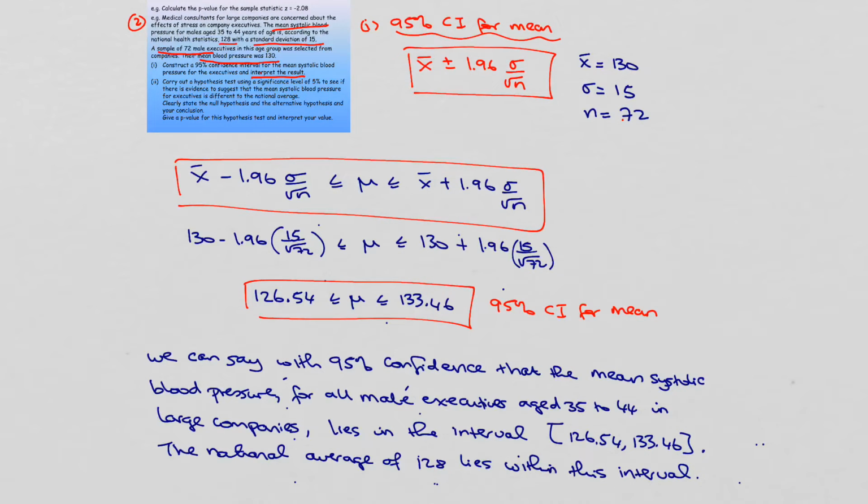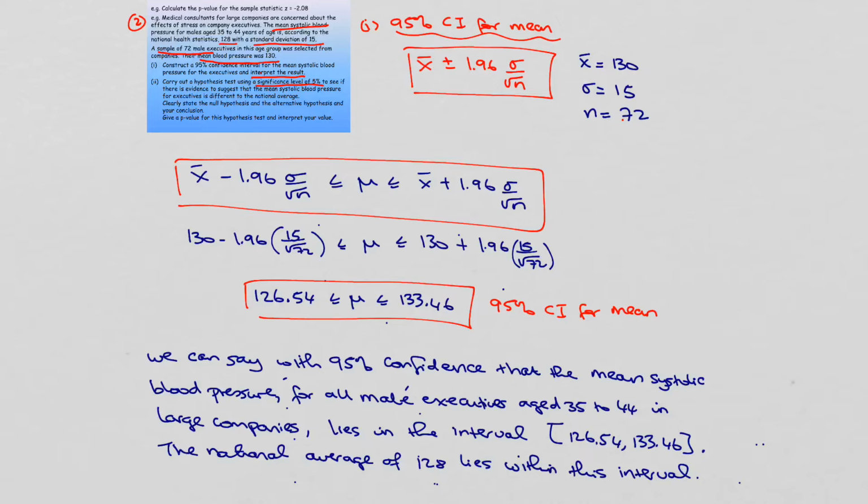So part 2 then says carry out a hypothesis test using a significance level of 5% to see if there's evidence to suggest that the mean systolic blood pressure for executives is different to the national average. Now, if we were to just conclude based on our 95% confidence interval, we can see that we would say that the mean has not changed because our confidence interval is between 126 and 133, and 128 lies within this interval.